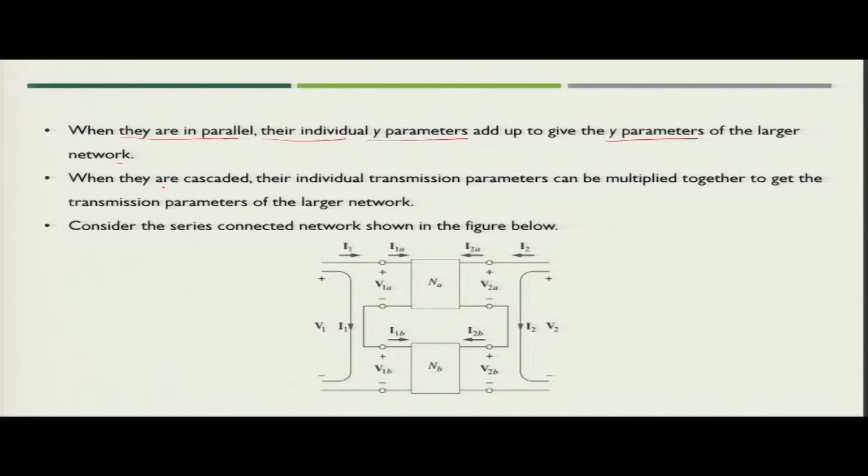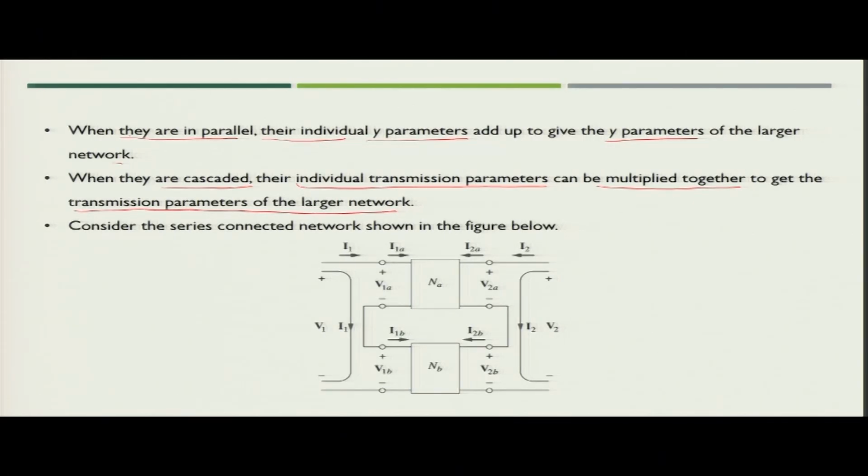There may be some cascaded networks also, where the output of one network goes as an input to another two port network. In that case, individual transmission parameters can be multiplied together to get the transmission parameters of the larger network.